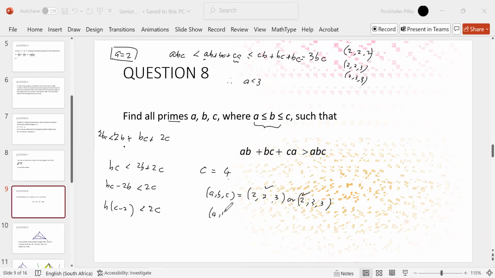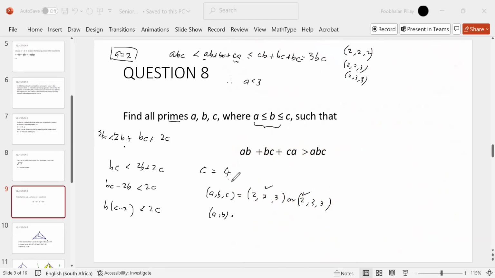You've got A, B, C. Oh, C can't be 4. It's a prime number. All right. Okay, so C equals 4 is out. So the next one is C is equal to 5. Right. So let's see what happens.